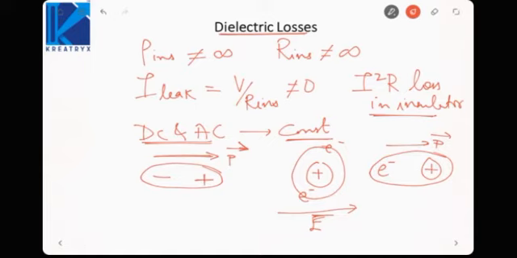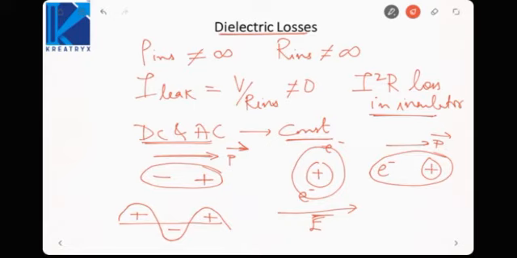But if we use an AC voltage, then after every half cycle the polarity of the voltage will reverse, due to which the electric field will also reverse after every half cycle. So the orientation of dipoles will need to be reversed after every half cycle. Since we are reversing the orientation of dipoles, we need some sort of energy.